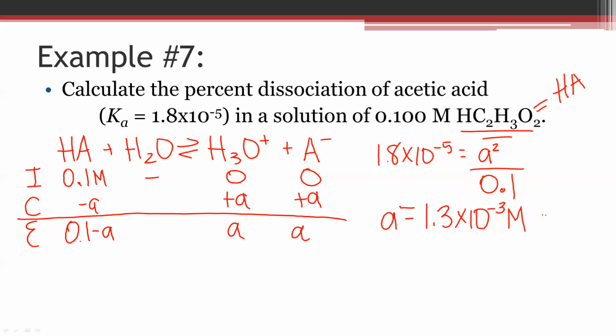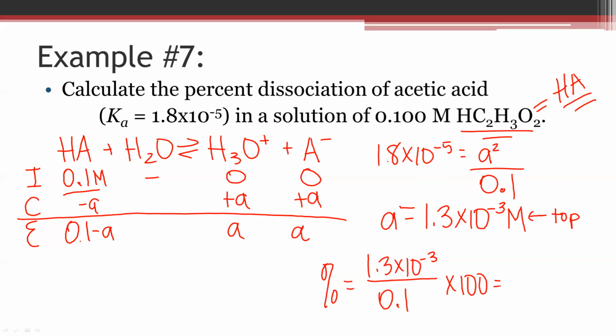So this number right here is going to go in the top, or the numerator, of our ratio to find the percent dissociation. Okay, so for the percent, we're going to put this 1.3 times 10 to the negative 3 in the numerator. The denominator is the original acid concentration, which was the 0.1.